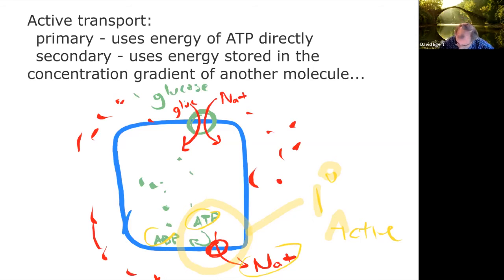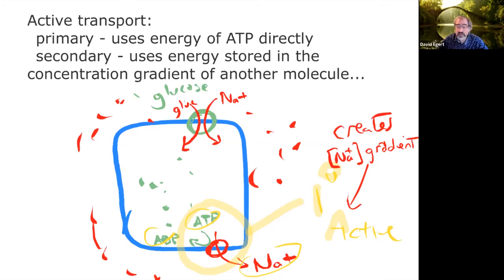This creates a sodium concentration gradient. If you remember the very first week of class, we talked about one of the types of potential energy that is going to be important in our class: the energy stored in a concentration gradient. So this actually stores potential energy.